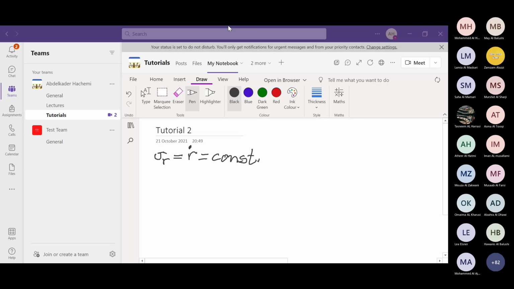And we have also omega, the angular velocity, which is equal to phi dot, and this is also constant. These are given here.